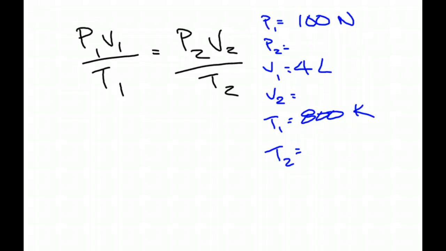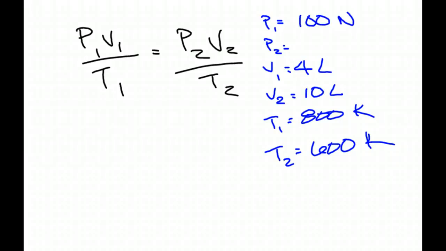If the volume were increased, so we're taking that initial stuff and making a change to it in our final one, if my volume was increased to 10, so my V2 changed to 10, and the temperature was reduced to 600, what is my pressure? What is my P2?